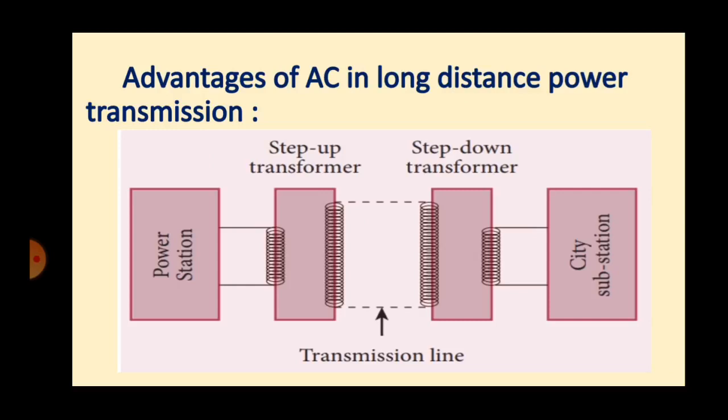For long distance transmission, power lines are made of conducting materials like aluminum.